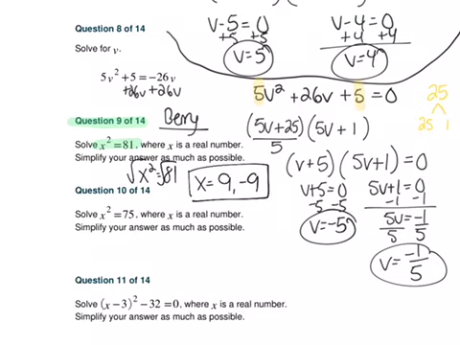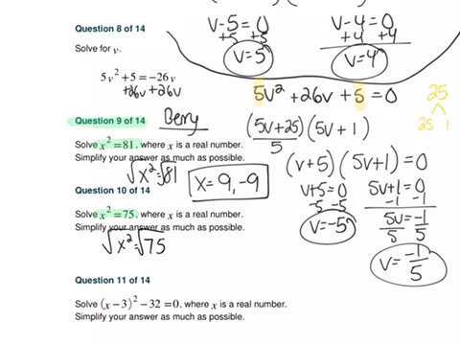In question 10, it's very similar to question 9, except for the fact that it's not a perfect square this time. So this time, instead of giving a whole number answer like 9 and negative 9, you're just going to simplify the radical. So watch what happens here. You have x squared is equal to 75, and you're going to square root both sides.